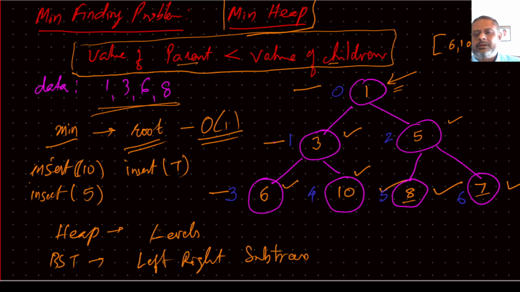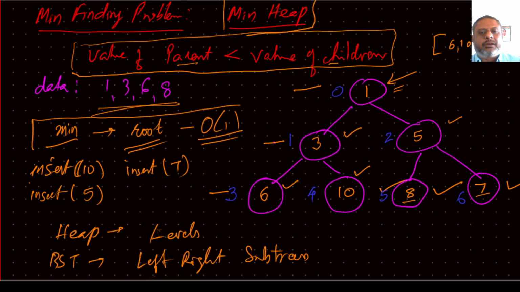So here we are not worried about left, right. We are only worried about levels. So at any level, a given node is at its right position as long as its children are greater than itself.